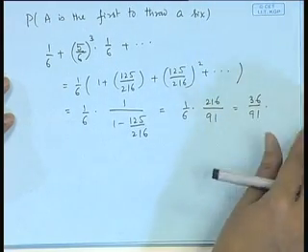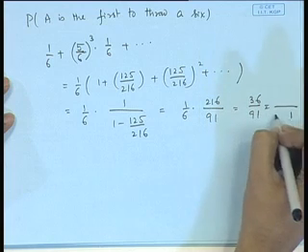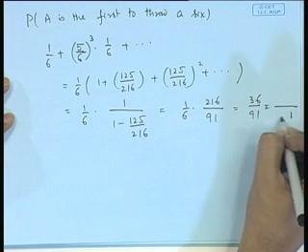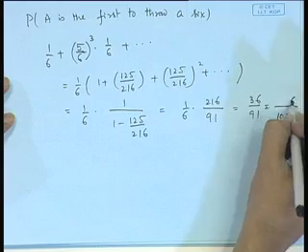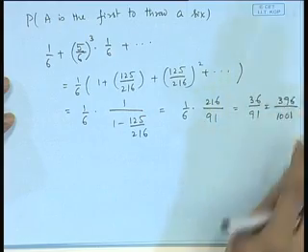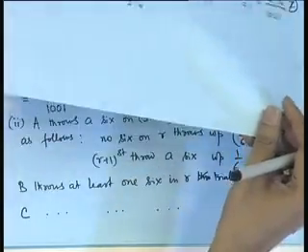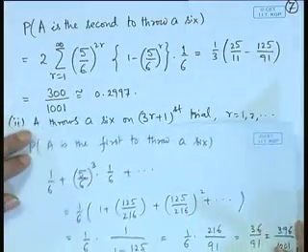If we try to compare it with this one, then it is 11, 11, then 99, 99 plus 100. That is 396 by 1001. So, you can see that the probability got reduced.